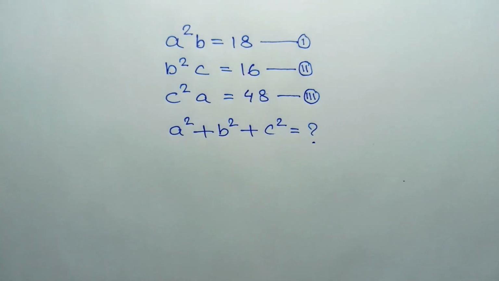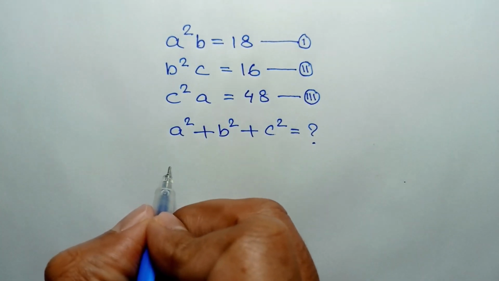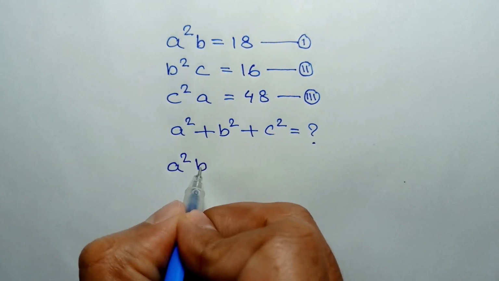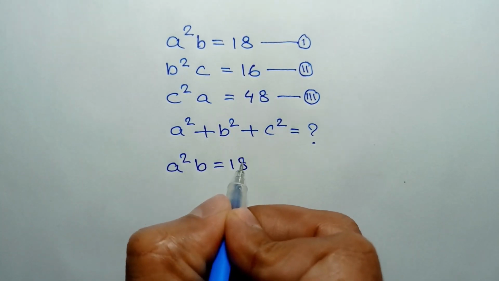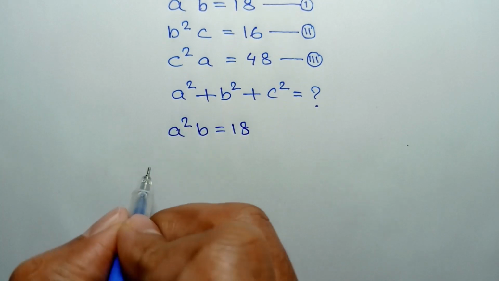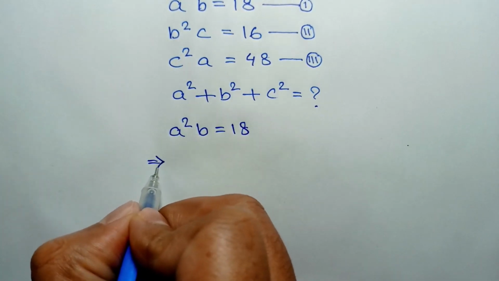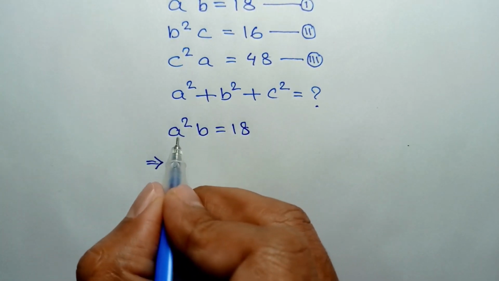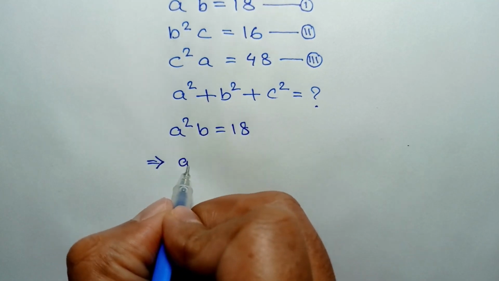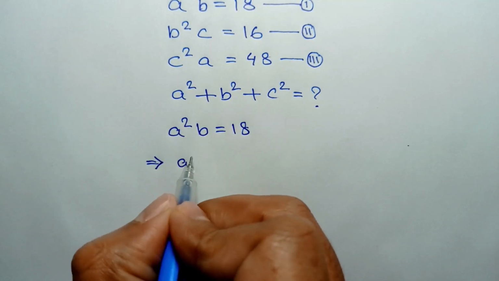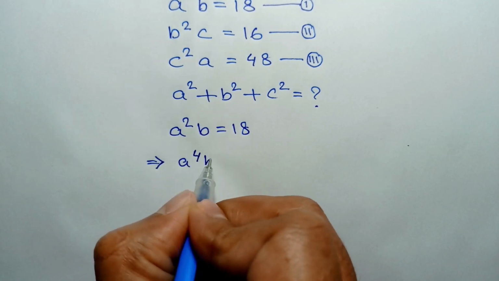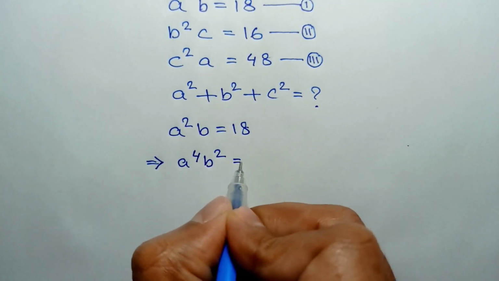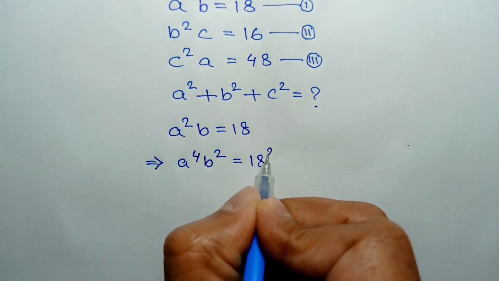From equation 1 we can write a square b is equal to 18. Squaring both sides, we can write a square whole square, which is a to the power 4, times b square is equal to 18 square.